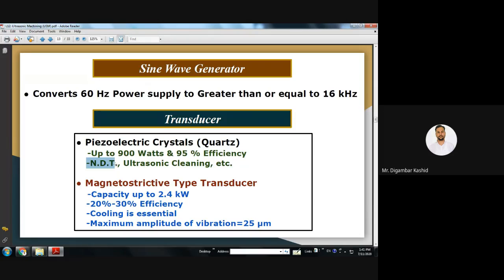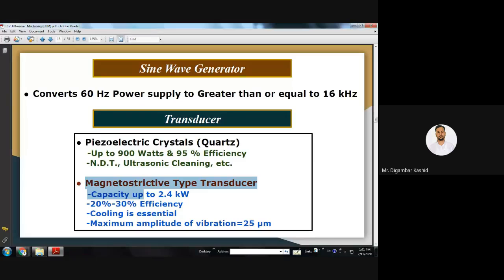But for the ultrasonic machining process, mostly the magnetostrictive type of transducer is used for machining purposes. So I will talk about this magnetostrictive type transducer, because it has a high capacity compared to the piezoelectric type of transducer.